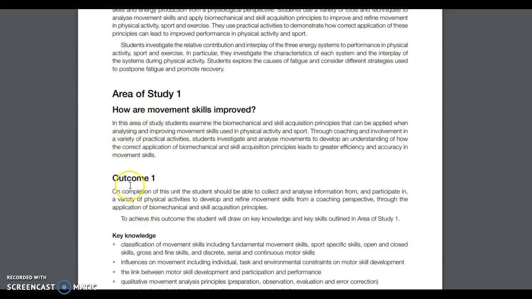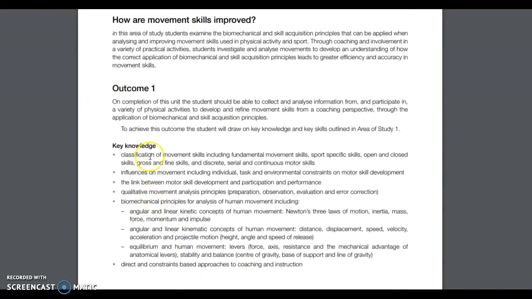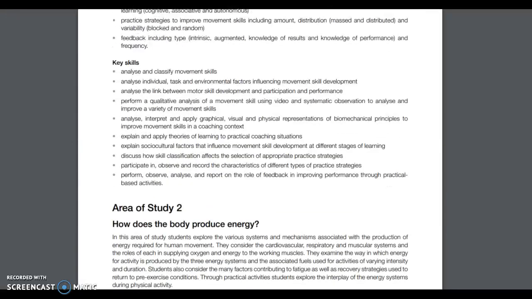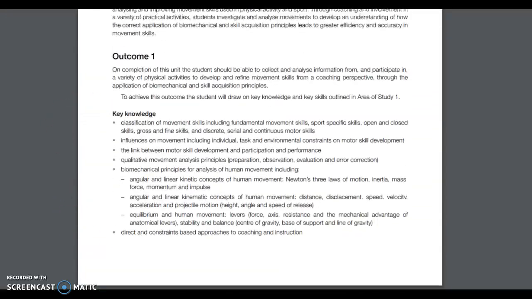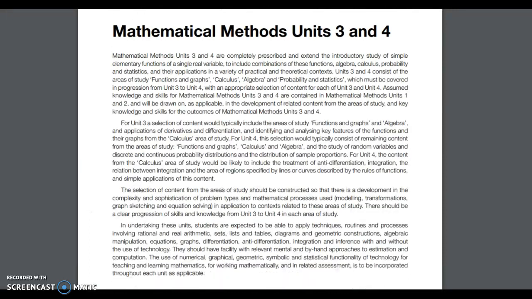And there are some other study designs that look very similar to this. Science, for an example, has area of study 1, outcome 1 with the key knowledge. The key skills are in a separate section, but they're quite clearly identified in the study design. Mathematics is a little bit different.